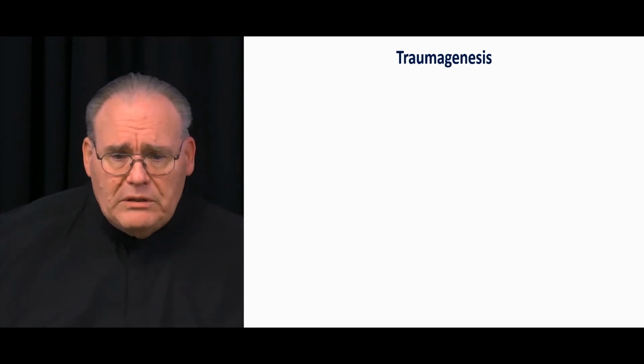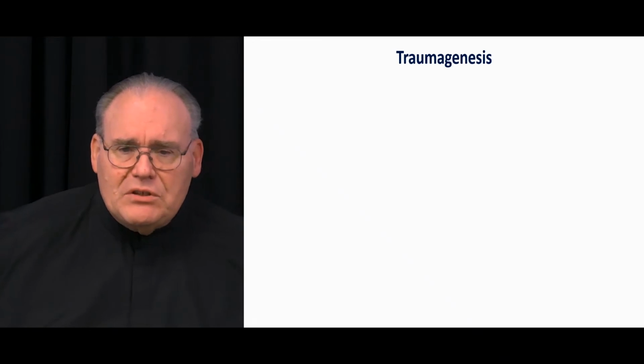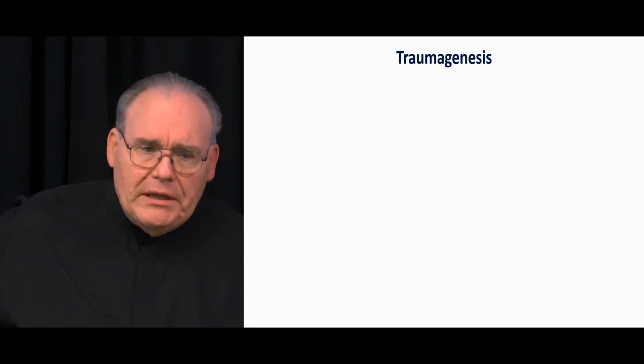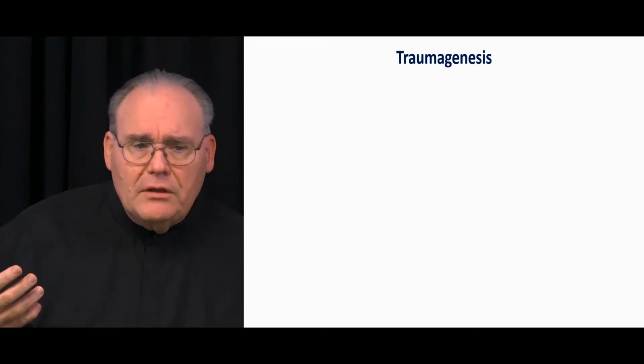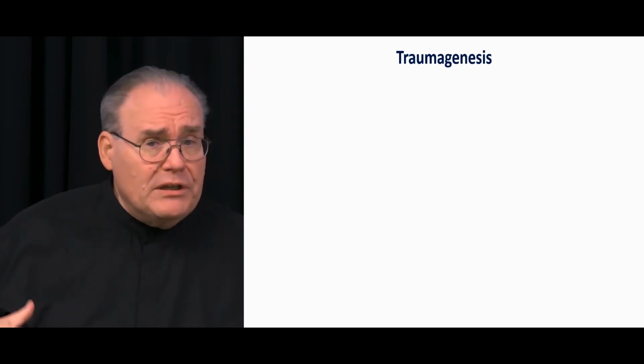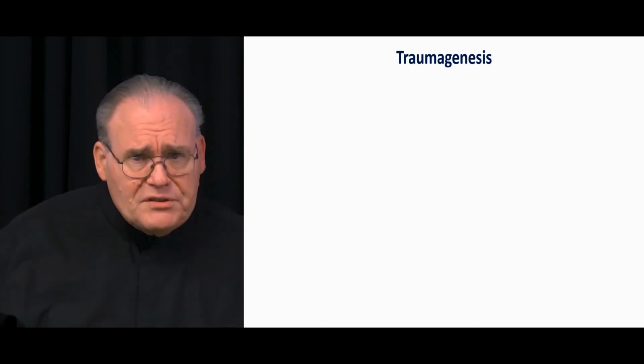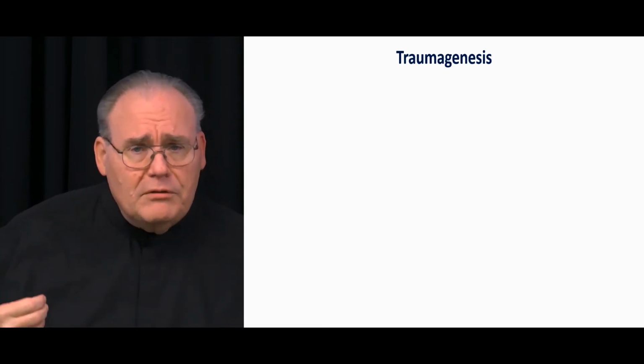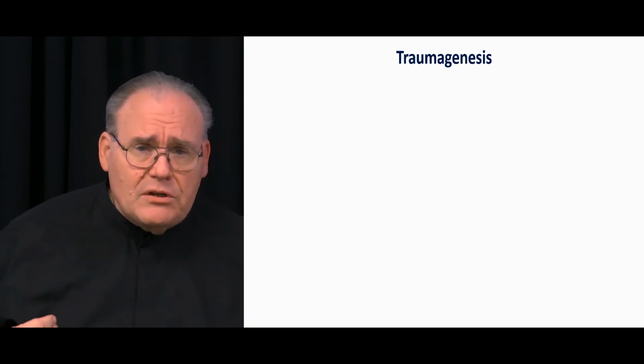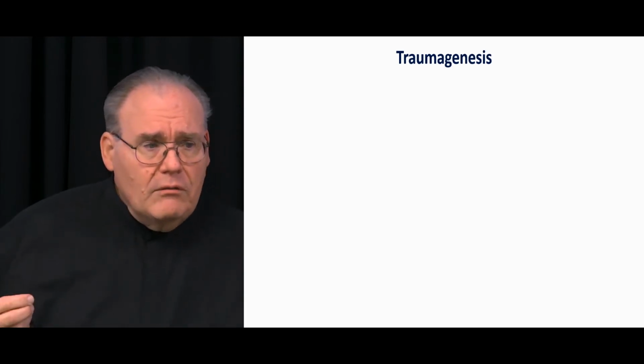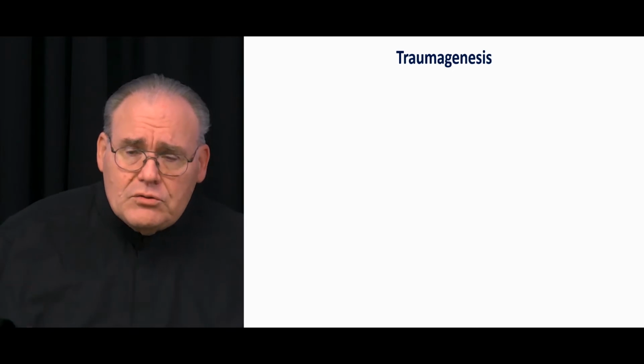Trauma is simply the symptoms that emerge when people are above threshold, and if they're above threshold enough, they've built autopilot neurocircuitry, and so that becomes a traumagenesis.